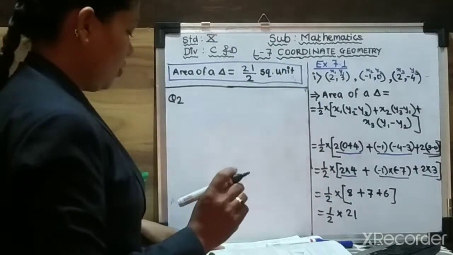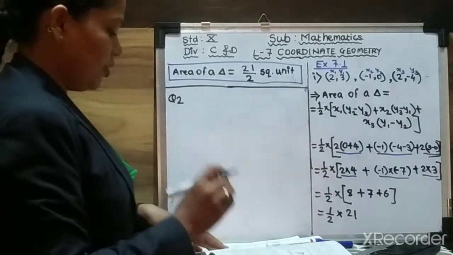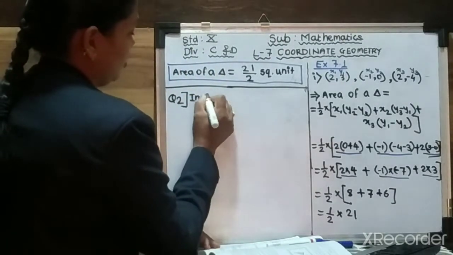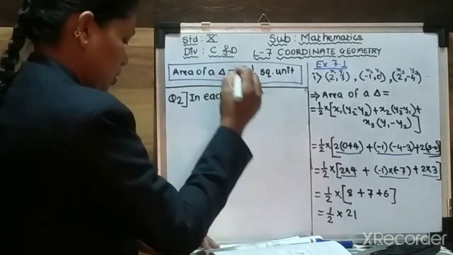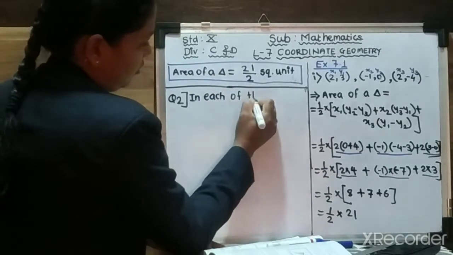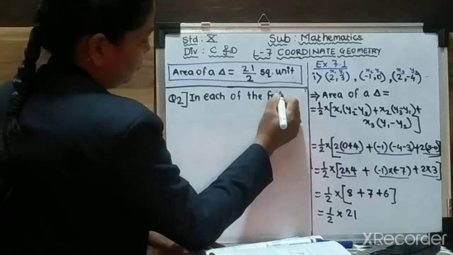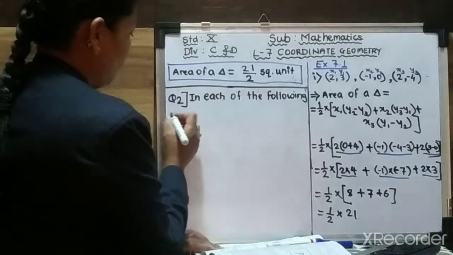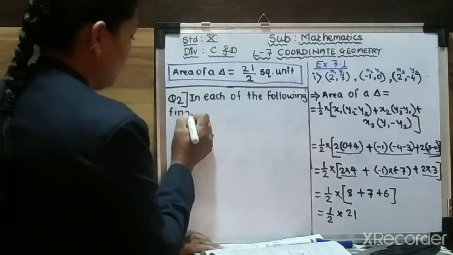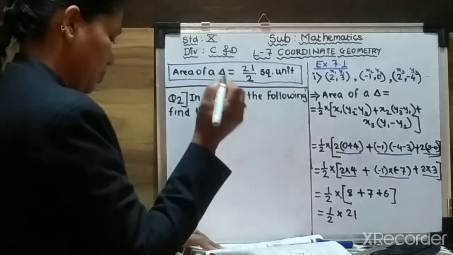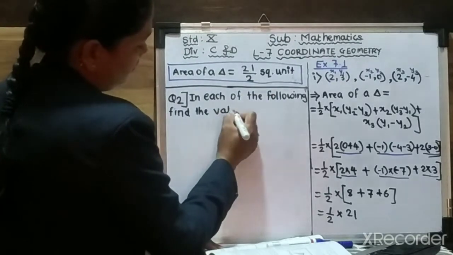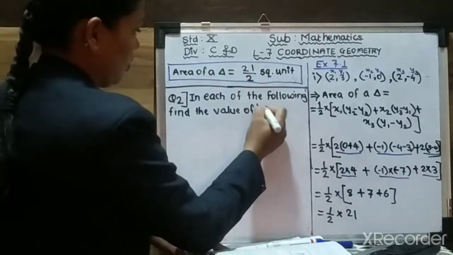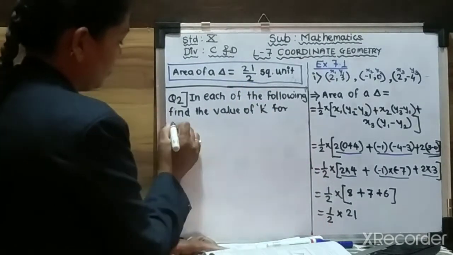In each of the following, find the value of k for which the points are collinear.